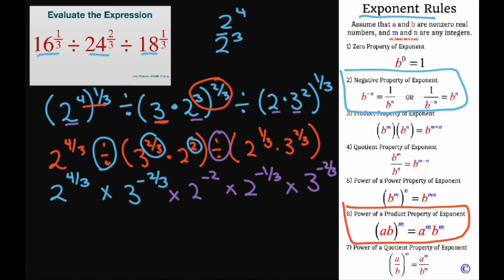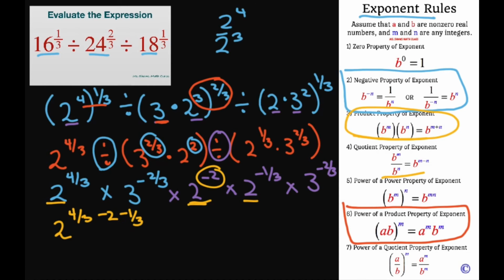All right, now let's group our 2's together. So we have the same bases, so these are the 2's. And I'm going to use my product rule, or my quotient rule, basically. So this is going to be 2 to the power of 4/3. We're just using the product rule, basically. And then we have minus 2 for this one, and then minus 1/3.